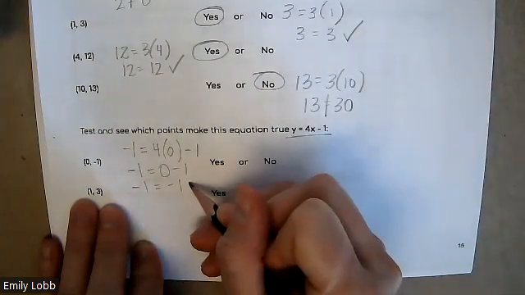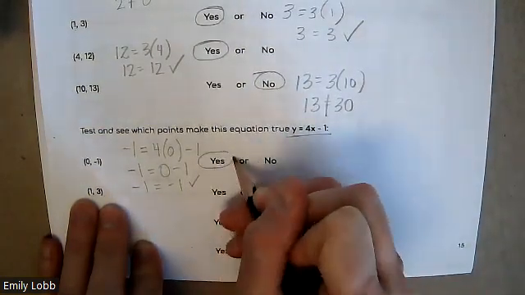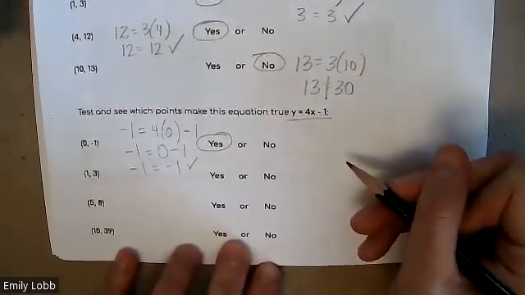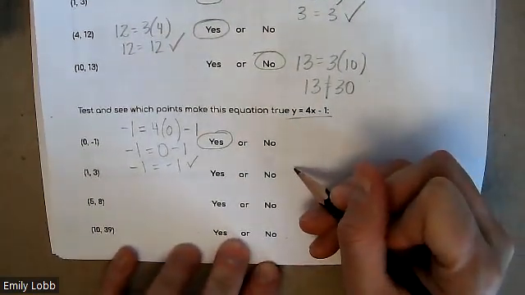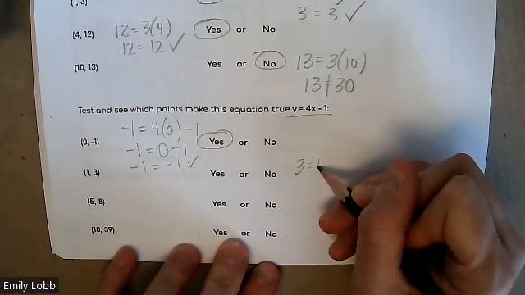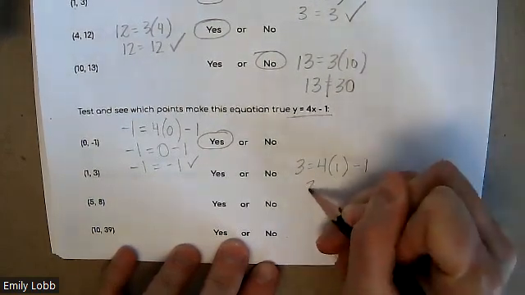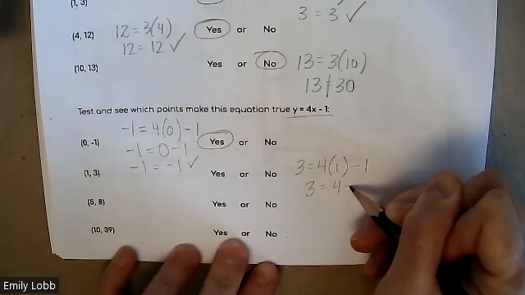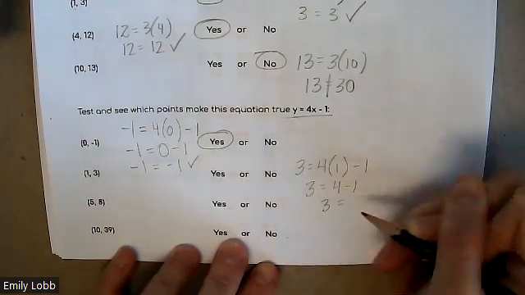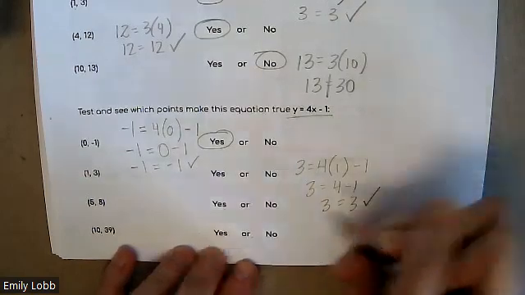I'm pretty sure it does. So we're going to say yes. And then that's what you would do here. 3 is equal to 4 times 1 minus 1. Does 3 equal 4 minus 1? Yes, because 3 equals 3.